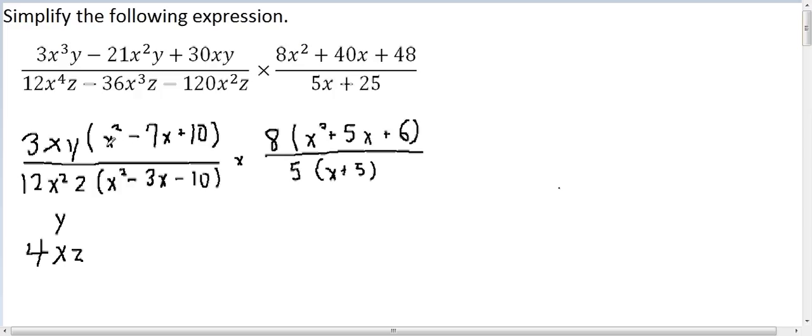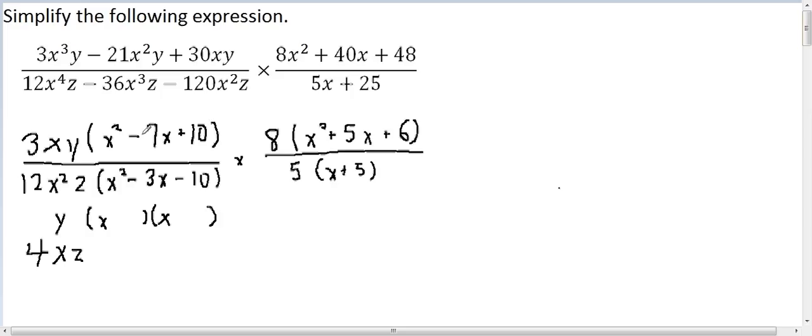And let's go ahead and factor this polynomial first, x squared minus 7x plus 10. Since the leading coefficient is 1, we know we get x and x. 10 is equal to either 1 times 10 or 2 times 5. And since this is positive, we know that we either get 2 positive numbers or 2 negative numbers.